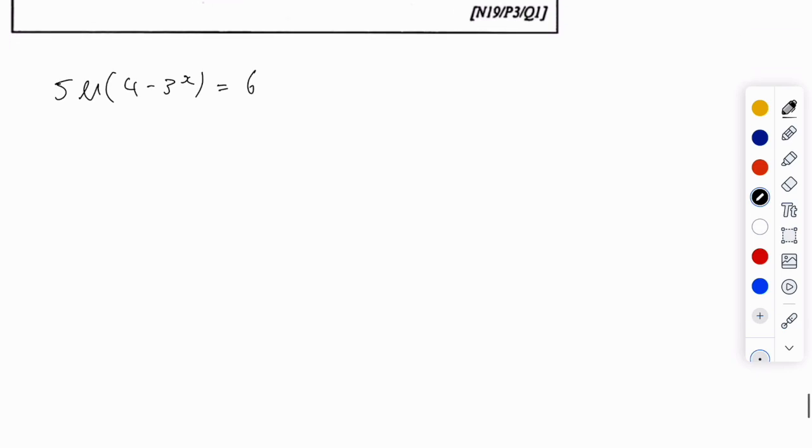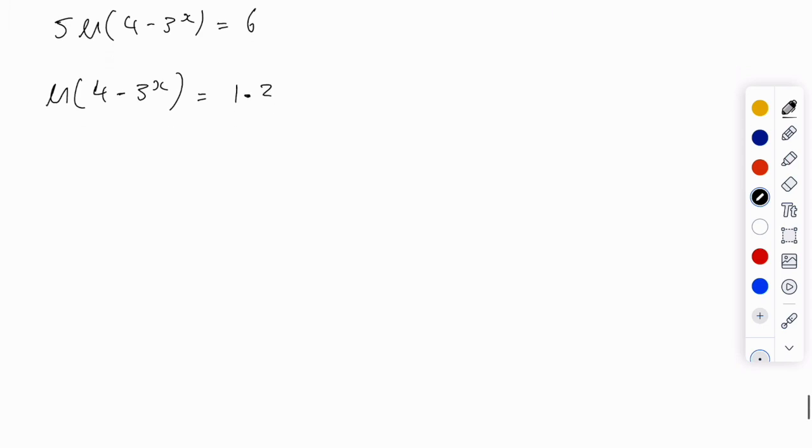is equal to 6. Okay, so from here what I can say is ln of (4 minus 3^x) is equal to 6 over 5, which gives me 1.2. Now what I can do from here is say e to the power of ln(4 minus 3^x) is equal to e to the power of 1.2.